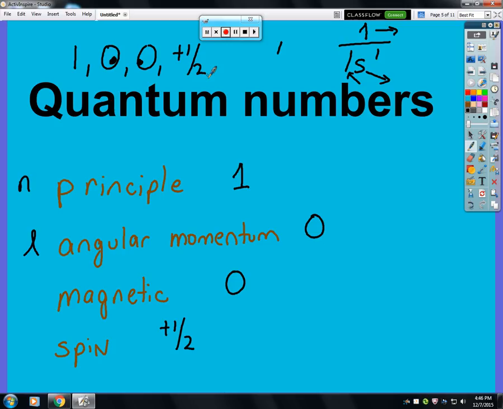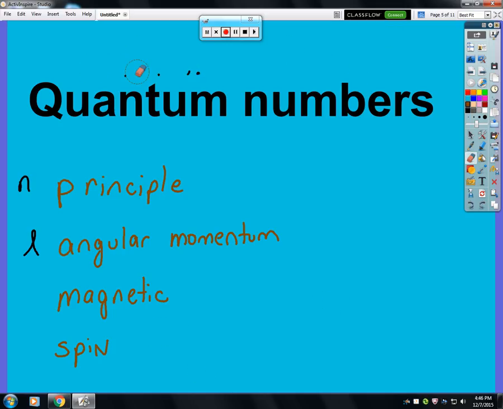Let's go ahead and do the quantum numbers for helium. Helium has 2 electrons. You have 1s2, don't you, for helium? 2 electrons, one spinning up and one spinning down.